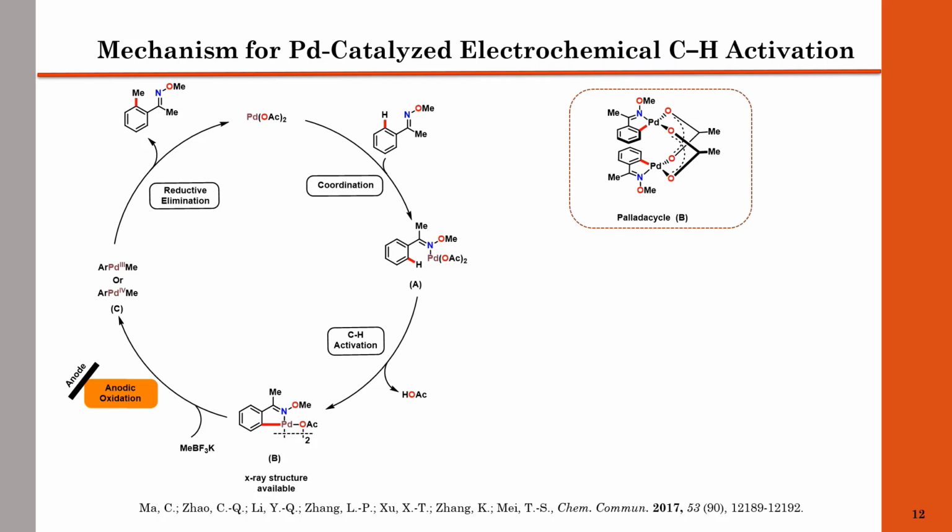They isolated and characterized this dimer because they needed to confirm the catalytic cycle. In the next step the second substrate comes in, and now this palladium 2 species is directly oxidized into a palladium 4 species. That is where we are using our anodic oxidation.